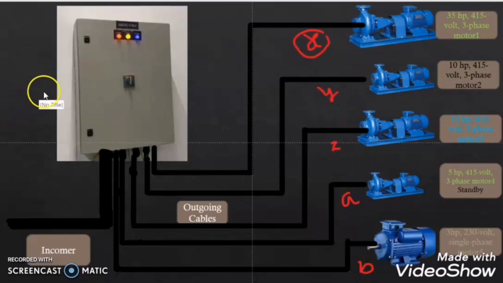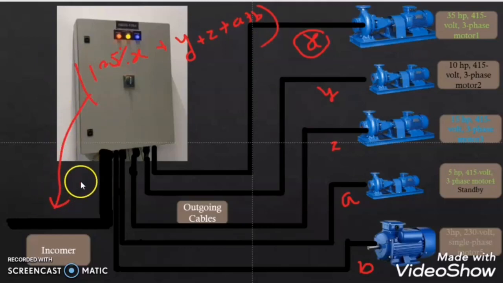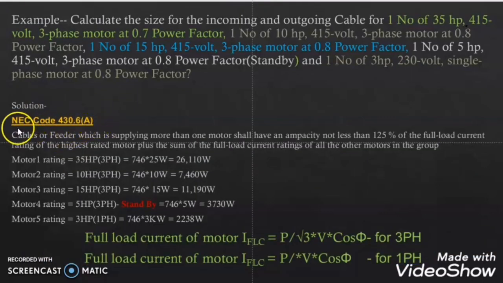So the code states that 125% of the highest full load current of the motor plus the sum of the other motors' full load current, that is Y plus Z plus A plus B, will be the ampacity of the incomer cable. I hope you understood till here. I hope you clearly got the NEC code 430.6A.